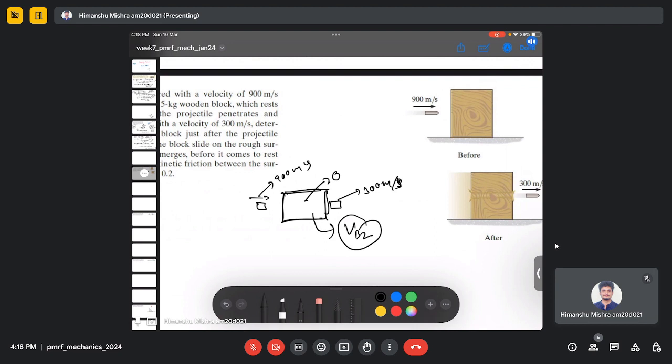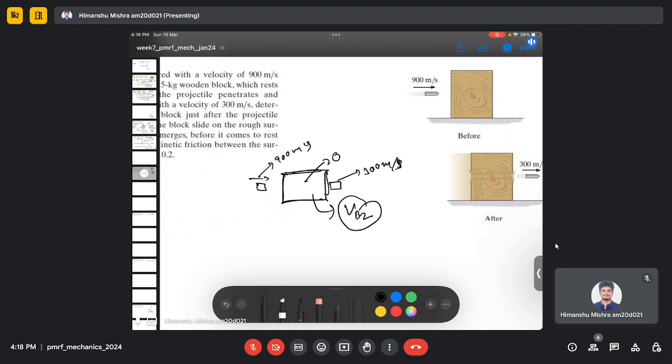And we need to evaluate that if the block starts moving at this velocity VB2, since there is a rough surface, there is a friction force which is acting, and this VB2 continues to decrease. Initially the block is at rest. Then, due to the impact from the bullet, it starts moving with this VB2 velocity. And due to the friction, this velocity comes to 0 again.